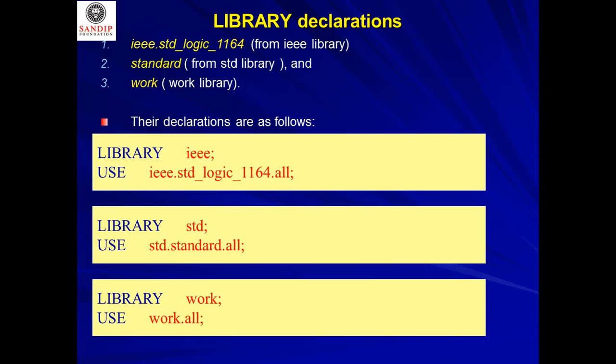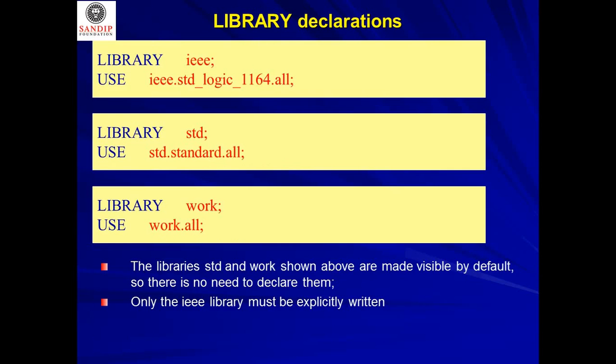Here, between library and package, and between package and parts, we have to use the operator. That operator is nothing but the dot. The dot operator combines or integrates the library with package and package with the components. Every library syntax ends with the semicolon.